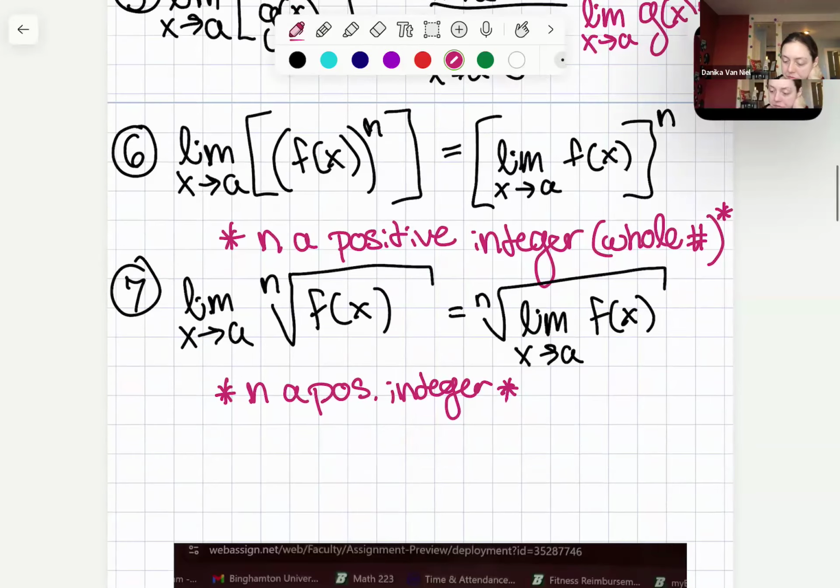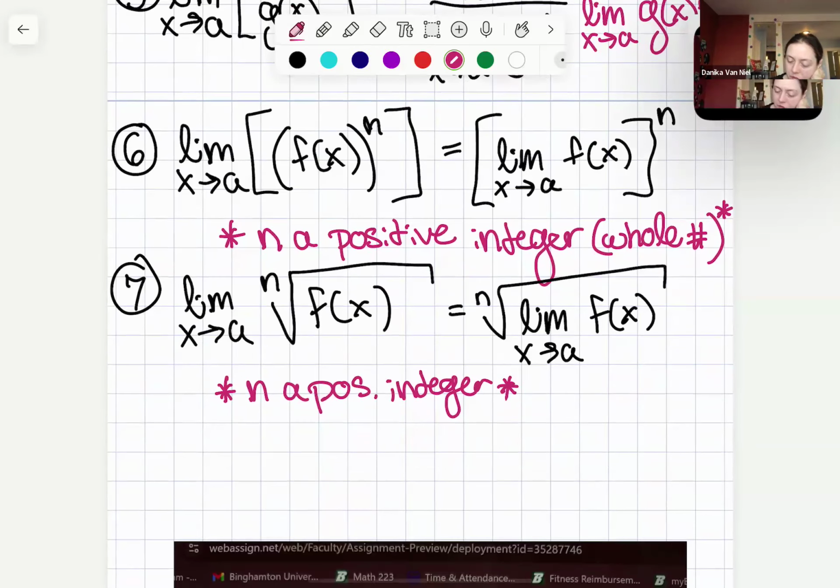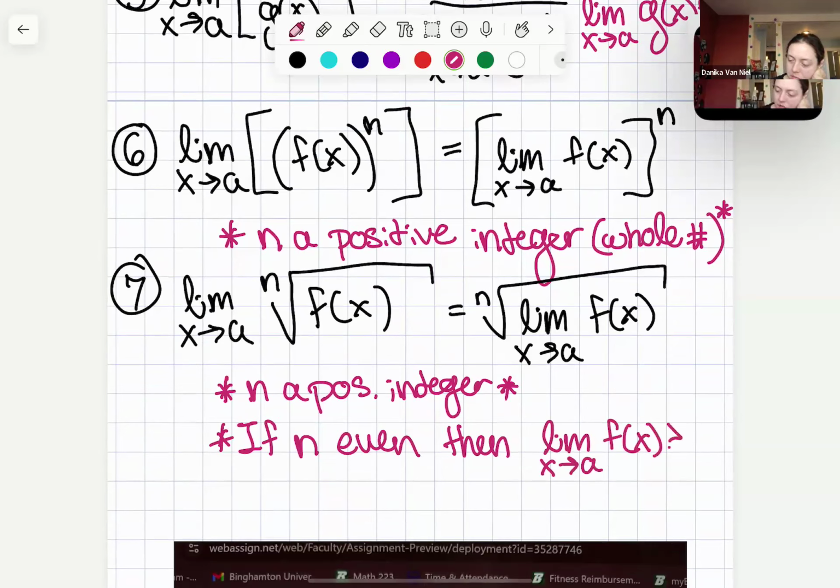So if n is even, then the limit as x approaches a of f of x must be greater than or equal to 0. If that's not true, then you can't bring the limit inside.